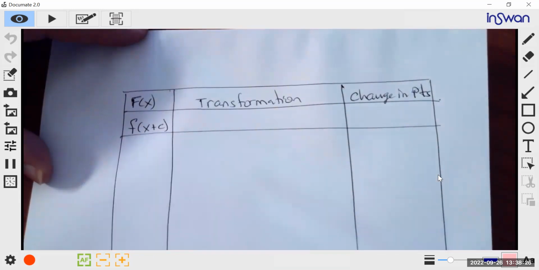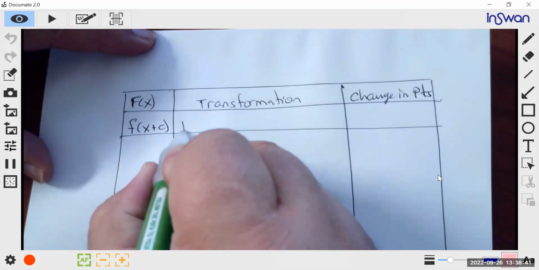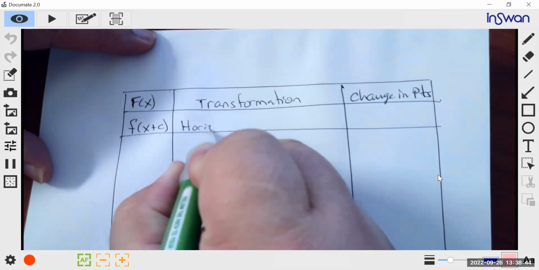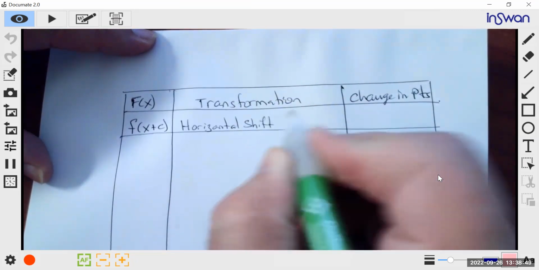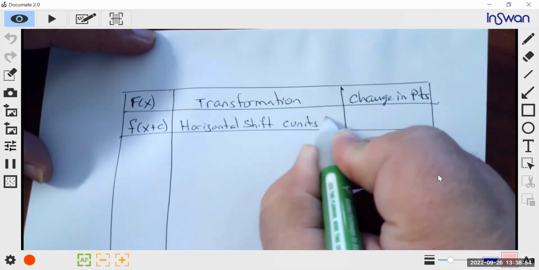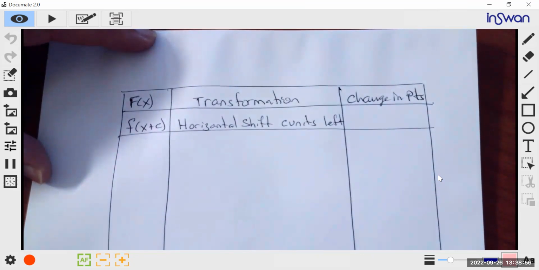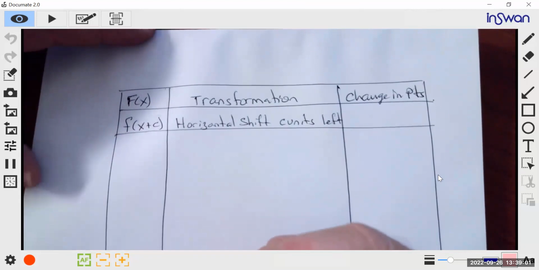What kind of transformation is this? It happens inside the function. You're adding to x. It's a horizontal shift, C units left. Whatever C is, it's going to move left that many units.